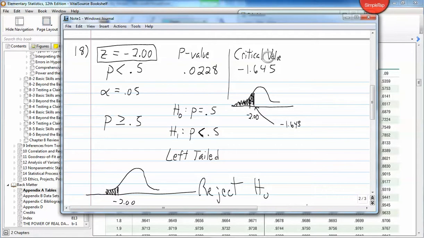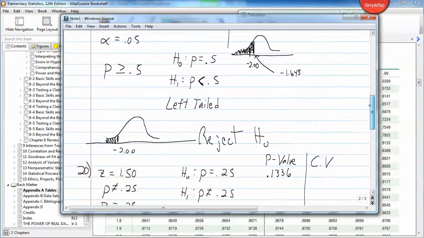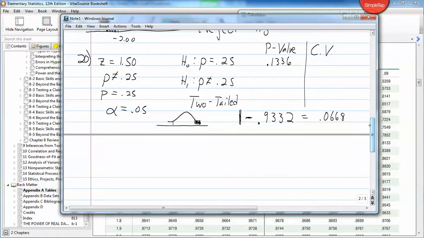On the previous problem, we were left-tailed, so we only had one critical region. And since we were left-tailed, to find that critical region, we just used 0.05. On this problem, we're two-tailed. So to find the critical region, we're going to have two critical values. We're going to have one over here on the left side and one over here on the right side.